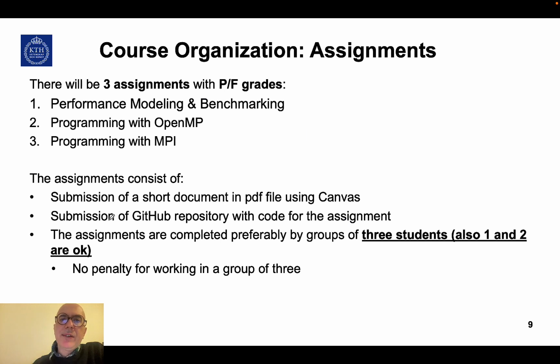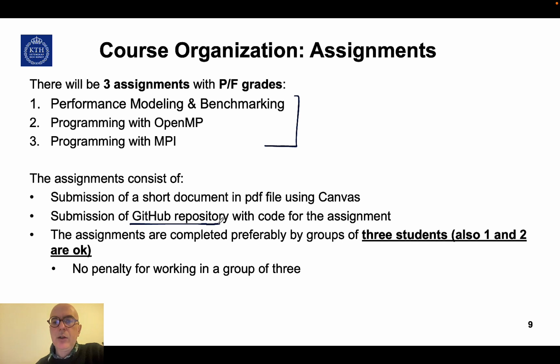There will be three assignments with pass or fail grades, aligned with the three modules. The assignment consists of a submission of a short document in a PDF file using Canvas. Some assignments also include the submission of a GitHub repository link with the code that you develop for the assignments.